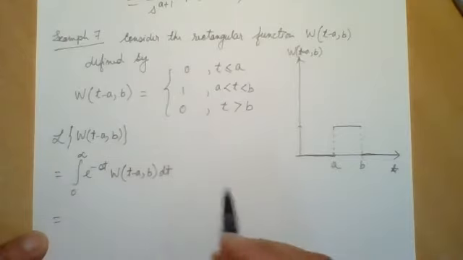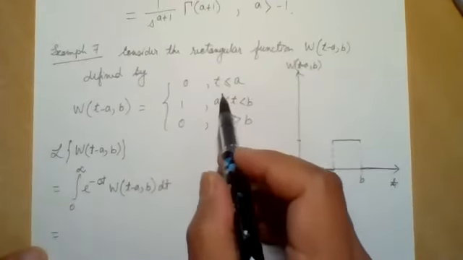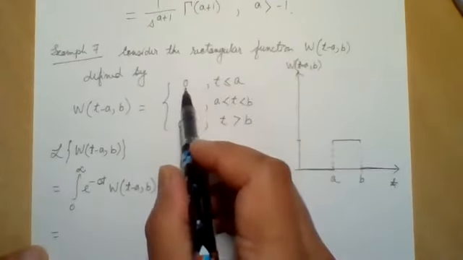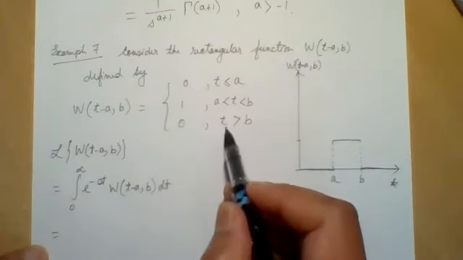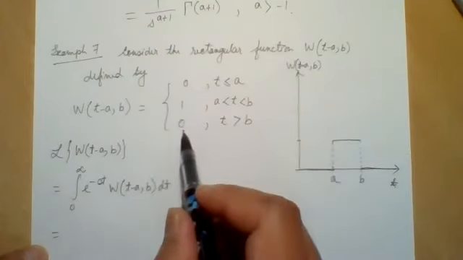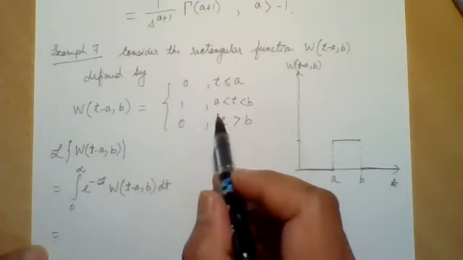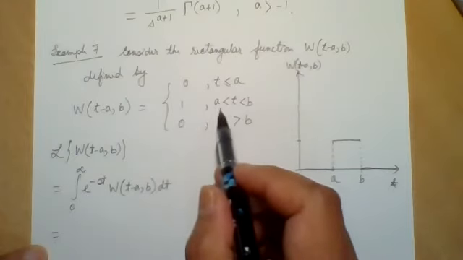For all values of t less than a, the function is 0, and for all values of t greater than b, the function is 0. So the function is non-zero only during the interval a to b.